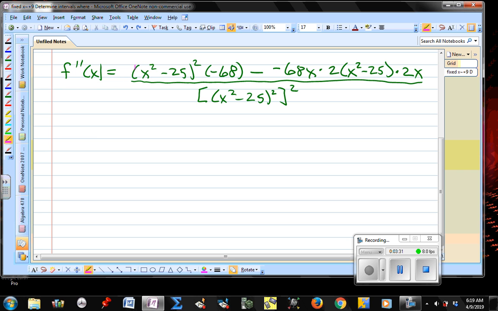It looks like each term has at least one factor of x squared minus 25, and each term has a factor of 68 in the numerator. So let's see what we get if we factor out x squared minus 25 times 68.